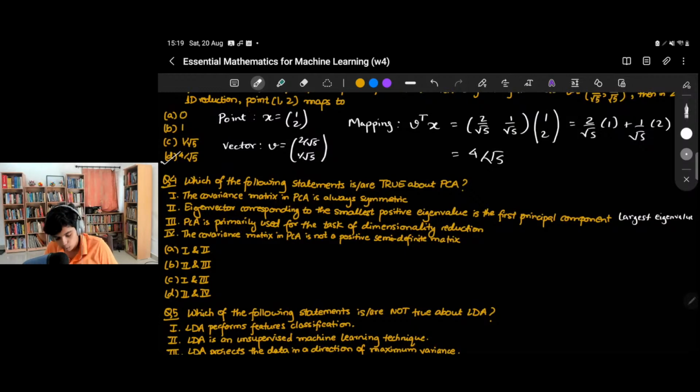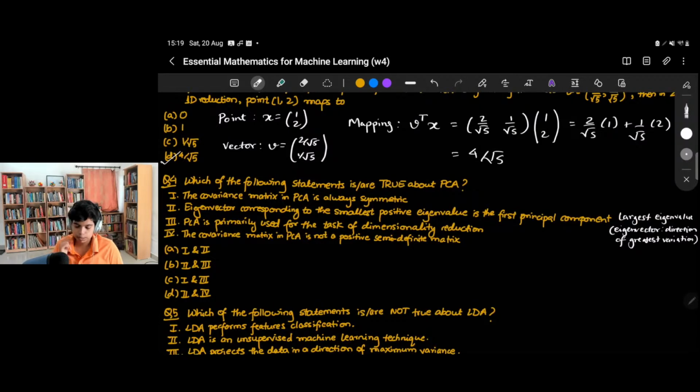And what does that denote? The eigenvector corresponding to the largest eigenvalue gives us the direction of greatest variance, greatest variation that is possible.